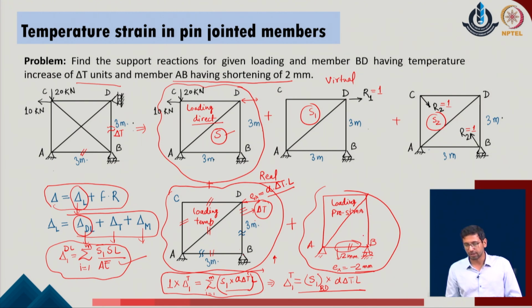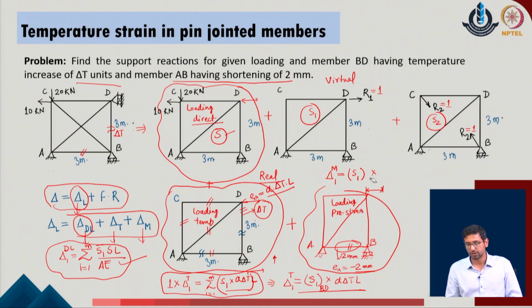I can do the similar calculation for the member pre-strain part, and this could be defined as delta in the direction of the redundant 1 due to this member pre-strain, and that is equal to the amount of the force in the member corresponding to the BD into the change in the length.